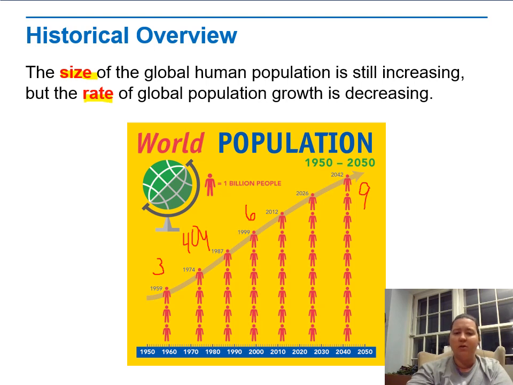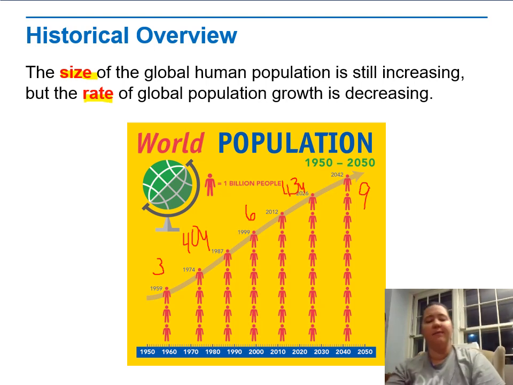So in 40 years, earlier in the 20th century, we were able to double the entire world population, but from 1999 to 2042, which is, if I do some quick math, like 43 years, we still haven't doubled the world's population again. So the rate of that population growth is actually coming down. Even though the size of the population is getting bigger, it's not getting bigger as fast, is what that boils down to.